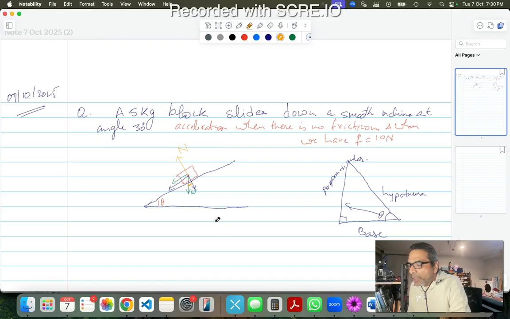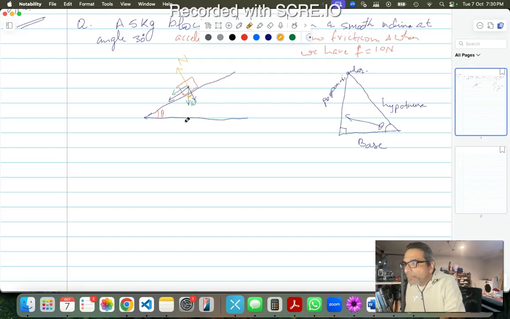So now we can draw a free body diagram for this. This is our object, the block. This is the parallel component, which in many books is shown as W parallel.